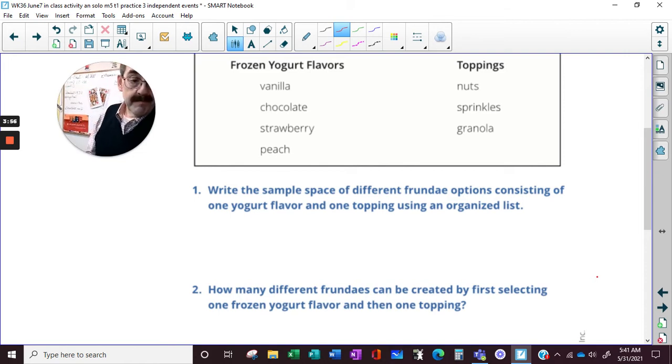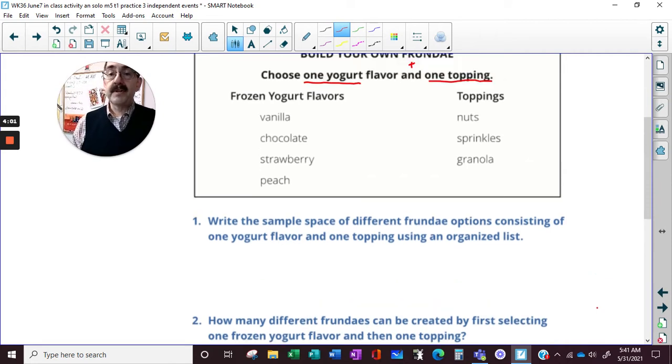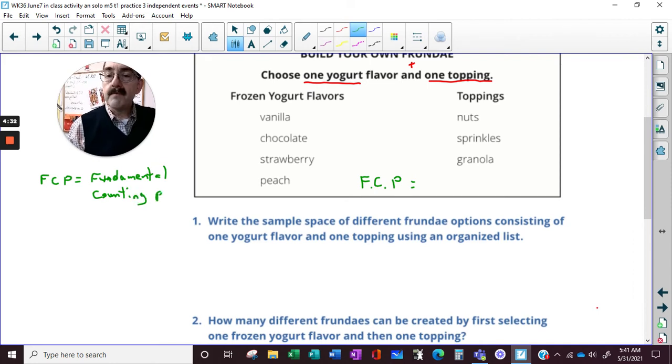All right, welcome back. Now, the actual answer to this problem is called the FCP, the fundamental counting principle.